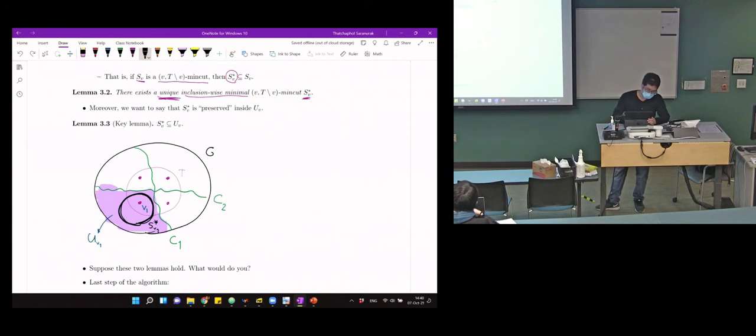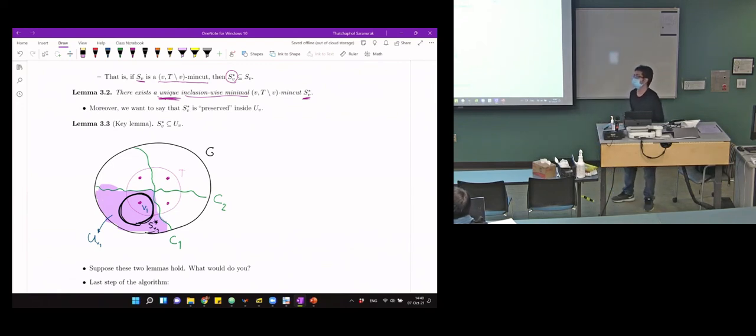If the cut is V itself, then trivially it is inside UV, right? Because this cut is inside this. Yeah. In which case, would you say why is that not the main one?